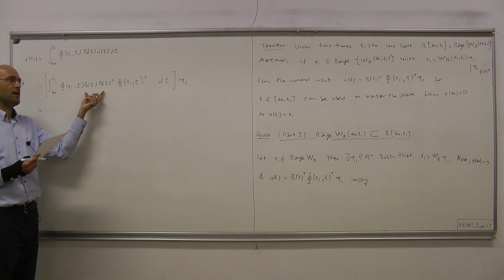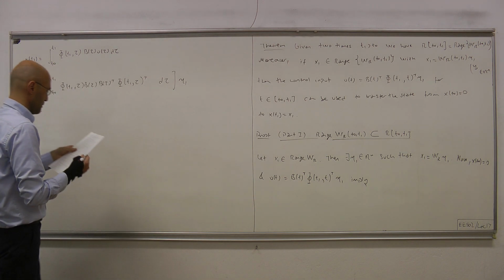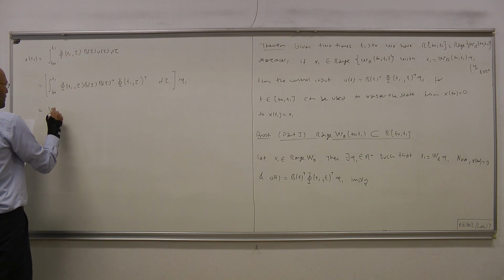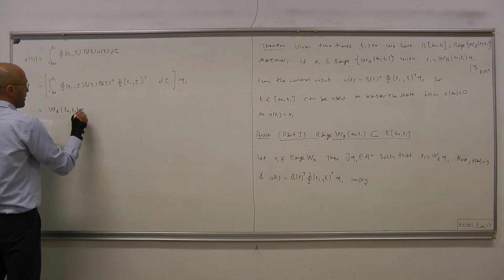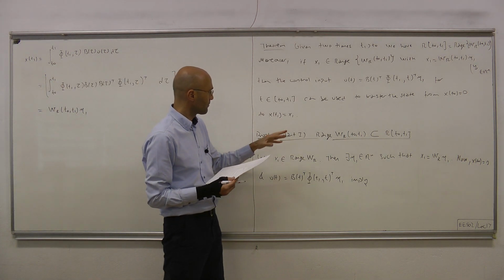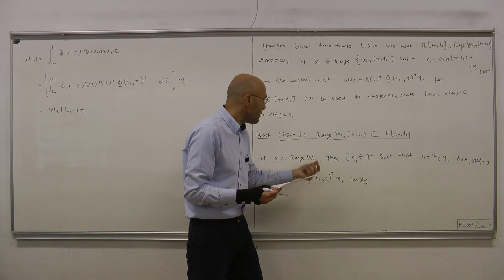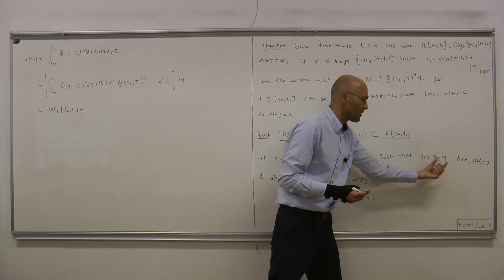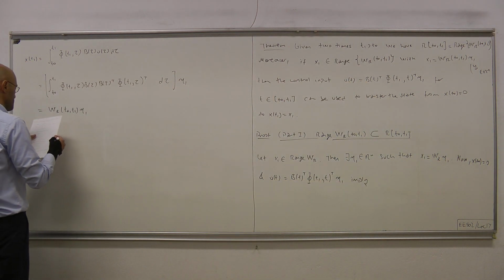And we immediately realize that this whole thing is our reachability Gramian. So that equals WR t0 to t1 times eta 1. And that equals x1, because eta 1 was chosen using that relation in the first place.